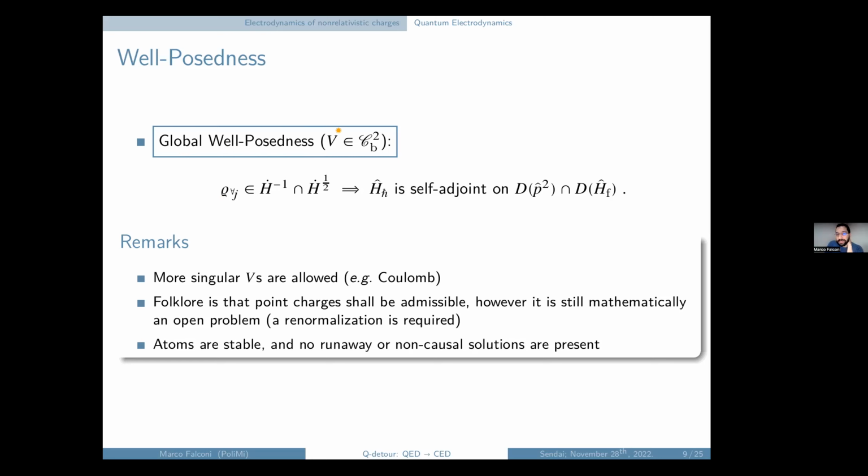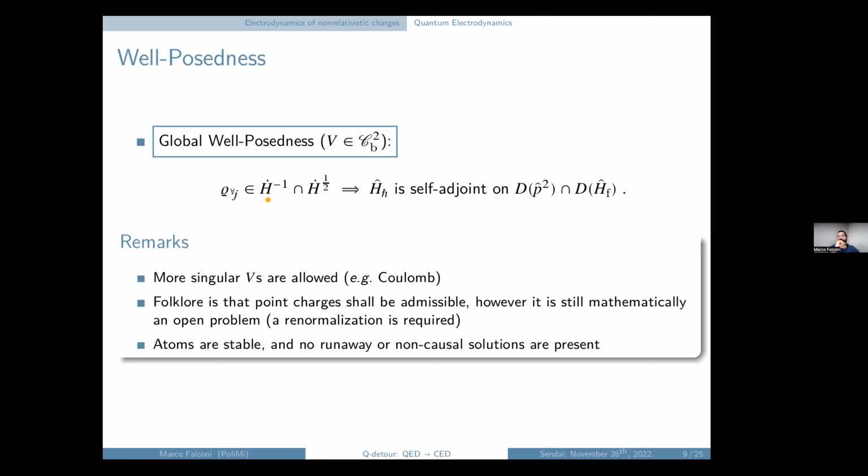Again, we assume that this potential V is twice continuous and bounded. But we make a slightly different assumption on the charge distributions. Before, we assumed that the charge distributions were H1. Here we take Ḣ^(-1/2) intersected with... sorry, Ḣ^(-1), where Ḣ is the homogeneous Sobolev space with negative index minus 1.